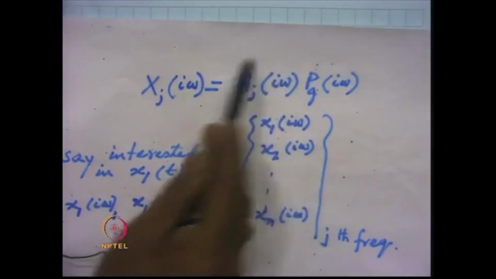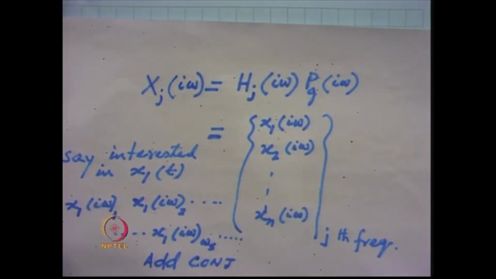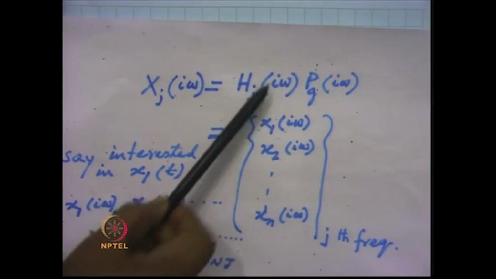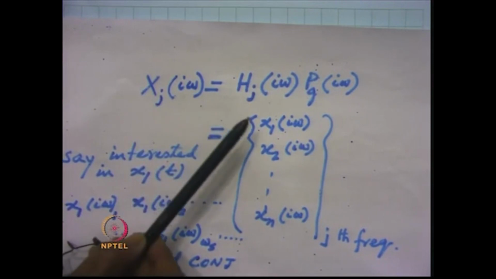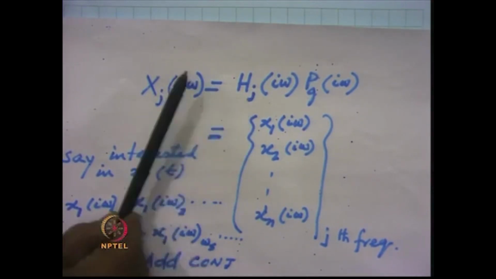H j i omega matrix is in fact the matrix K matrix minus m omega square plus i c omega, the same kind of expression you have got for the single degree of freedom system, only you replace K, M and C by K matrix, M matrix and C matrix, and inverting this matrix you get the value of H j omega, and this is an n by n matrix if the number of degrees of freedom are n.